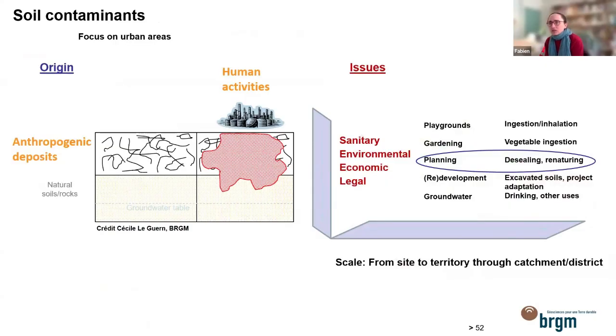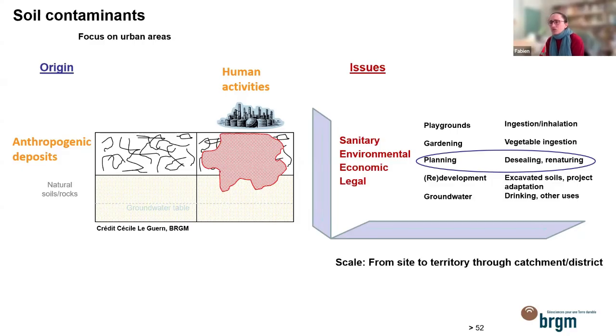So how about soil contaminants? If I focus on urban areas, many contaminants are linked to human activities, like industrial ones, but not only those. They may also be linked to some anthropogenic deposits. And in this frame, there are various issues linked to this soil contamination. Of course, sanitary issues, but also environmental, economic, and legal.